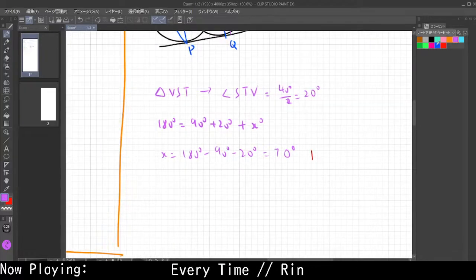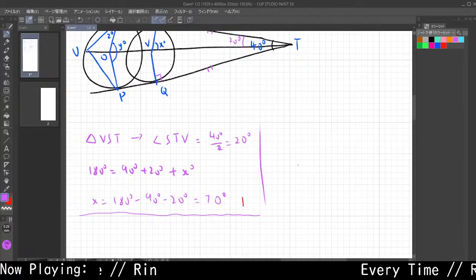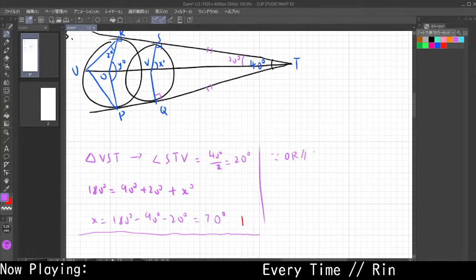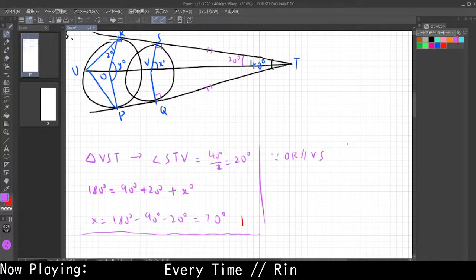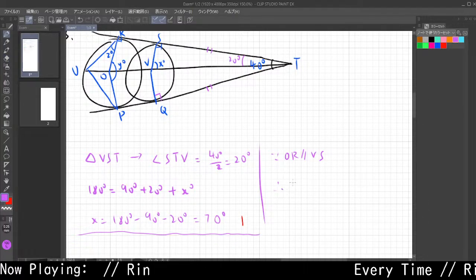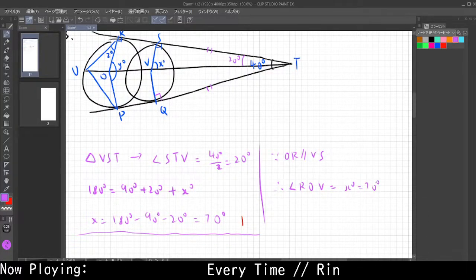If I want to be pedantic, I can say since OR is parallel to VS, therefore angle ROV equals x equals 70.